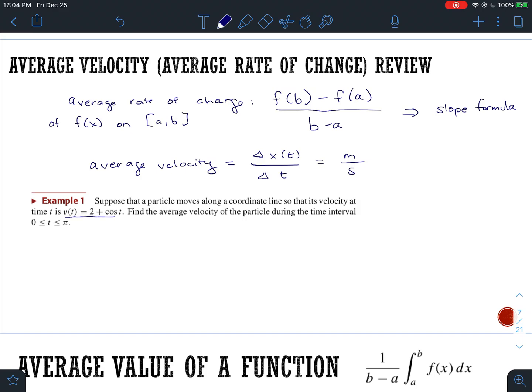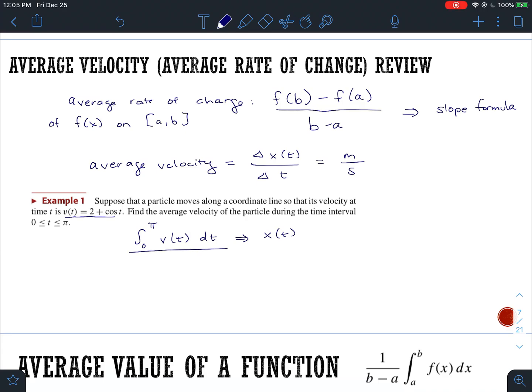Well, if they gave us a velocity function and we want the average velocity, we need displacement. So how do you go from velocity to displacement? You integrate it. So we're going to have to integrate the velocity function between 0 and pi, and that would give us our displacement function.